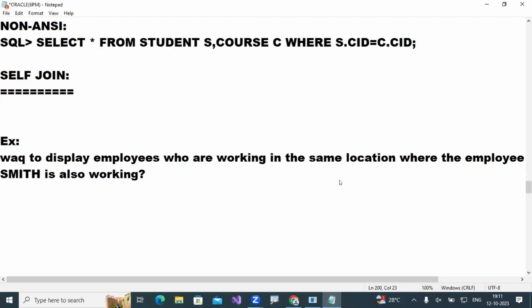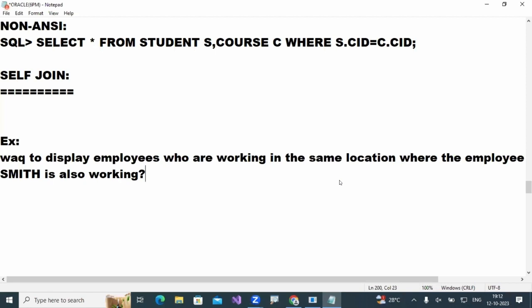This is my question. Can you try to answer? I want to display employees who are working in the same location where the employee Smith is also working. So simply, what do you understand?